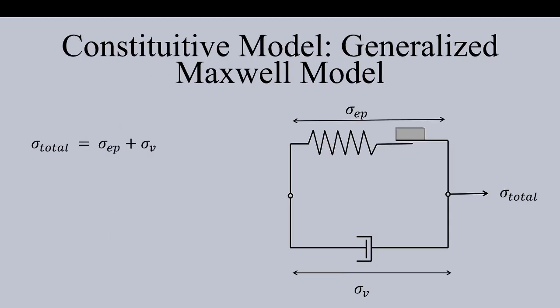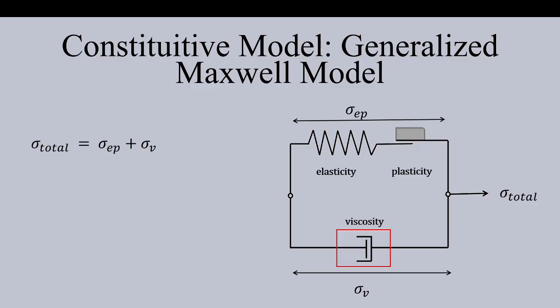We introduce the generalized Maxwell model to provide a physically meaningful explanation of the viscosity, elasticity, plasticity, and their interrelation. In this diagram, the spring represents elasticity, the slider represents plasticity, and the dashpot in the bottom branch represents viscosity.